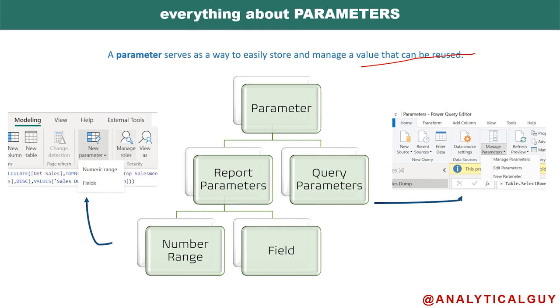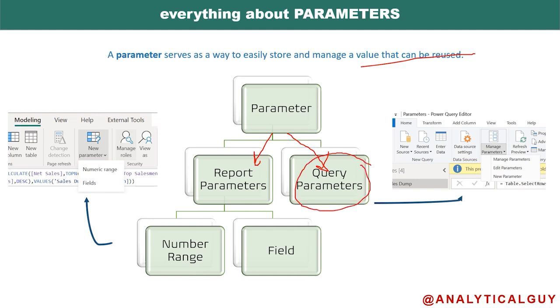Alright, so if you want to differentiate various parameters, typically there are two types of parameters that you can find. One is report parameters, and second is query parameters. If you have worked on Power Query in Excel, you might know about query parameters.